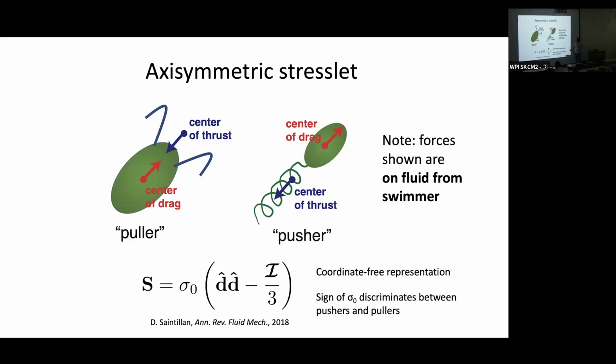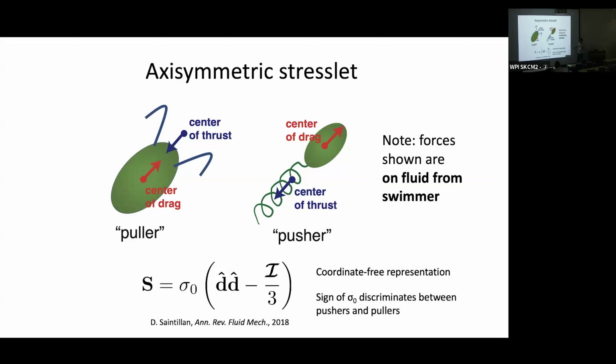That's a pusher. And biologically, a puller could be a microalgae, which has two big flagella at the front. And a pusher could be a bacterium that has a rotating helical flagellum at the back, or bundled flagella.